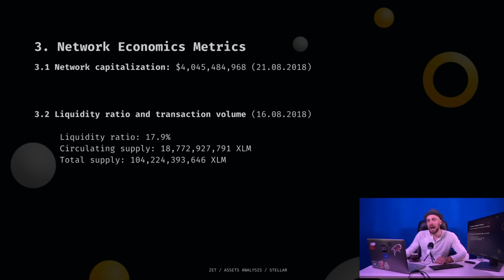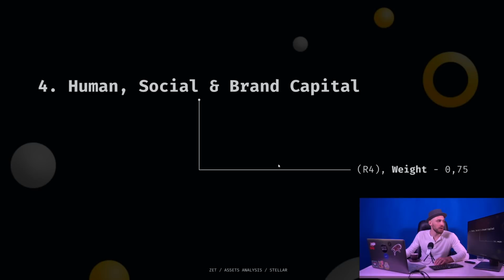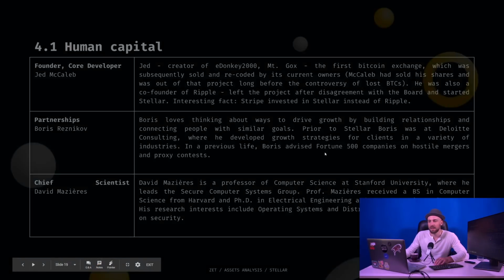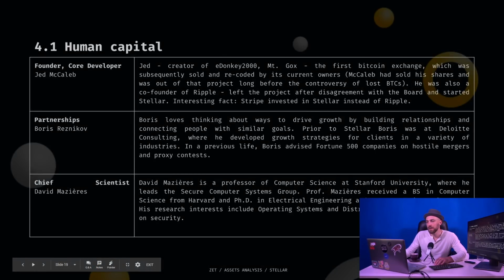It's actually enough right now to be sure that you can easily trade your Stellars on the market without any hassle or problems. Next, social, human and brand capital. It is a very interesting fact that the founder of Stellar is Jed McCaleb. He is actually the founder of Ripple, the project that is a direct competitor to Stellar.